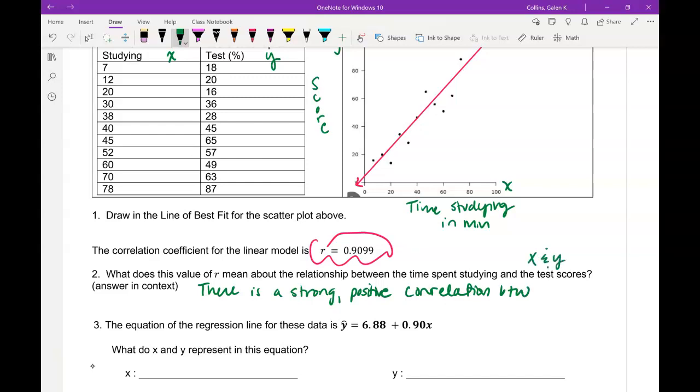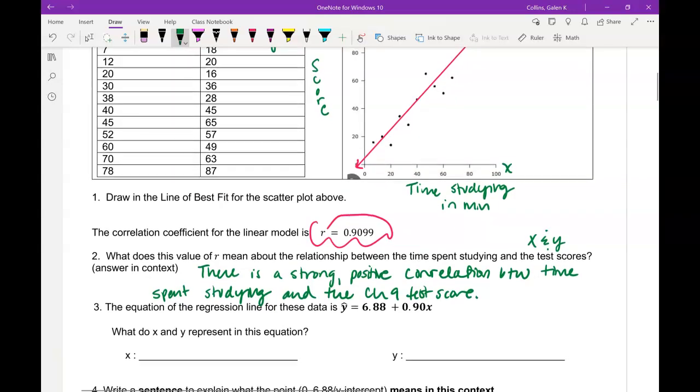So just what are our variables? Between time spent studying and the Unit 9 or Chapter 9 test score. So instead of saying a strong positive association or correlation between x and y, we want to substitute our actual variables for x and y to make our answer in context.